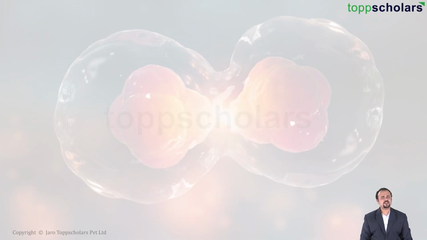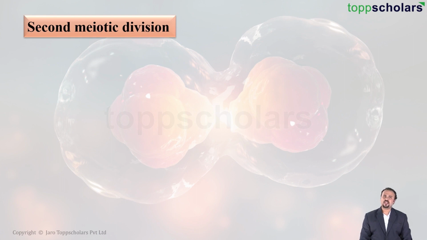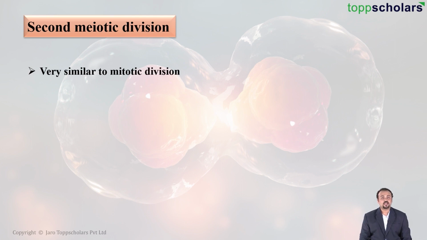Students, today we'll be talking about another very interesting topic, that is Meiosis II. The very first one we are going to learn about is the second meiotic division, or we can just plainly call it Meiosis II. Students, this particular meiosis is very similar to mitotic division.